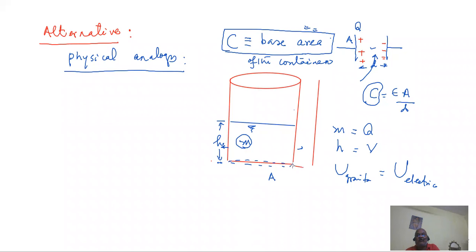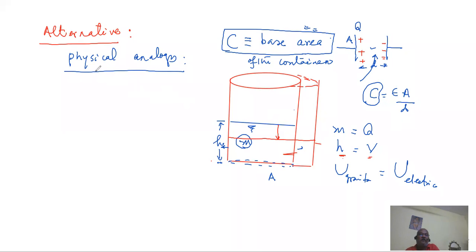Let us say I suddenly stretch it and the container now assumes the shape that is like this. You can clearly see when I suddenly pull it out, the base is increased, the water level will drop, the final water level will be less than the initial water level. So the height of the liquid will drop.